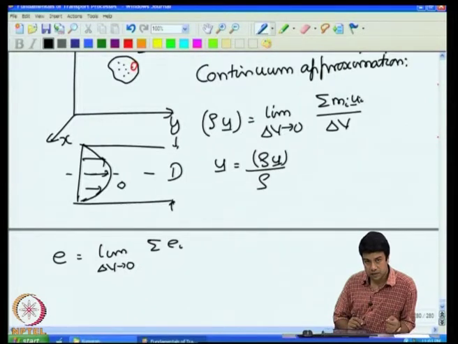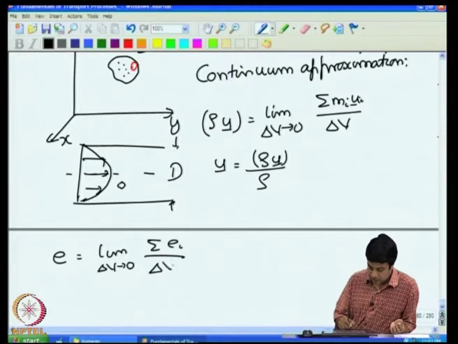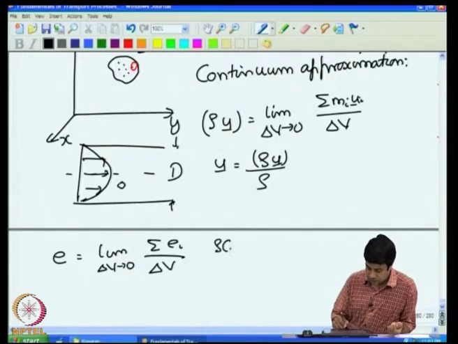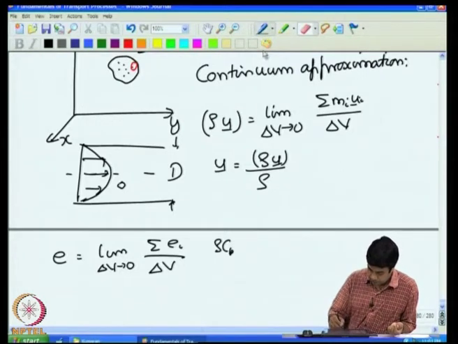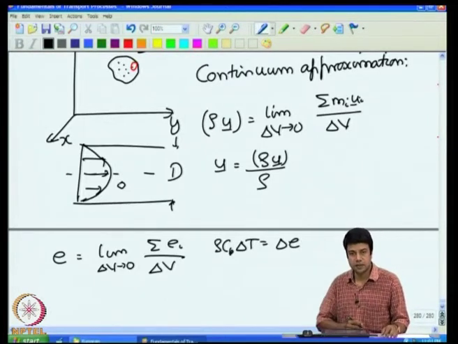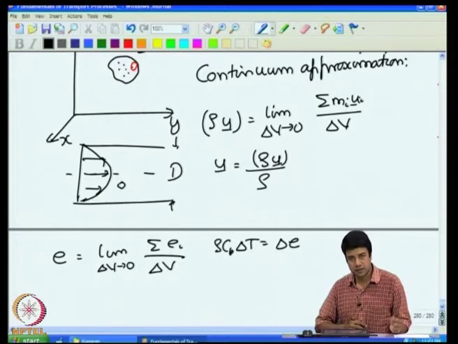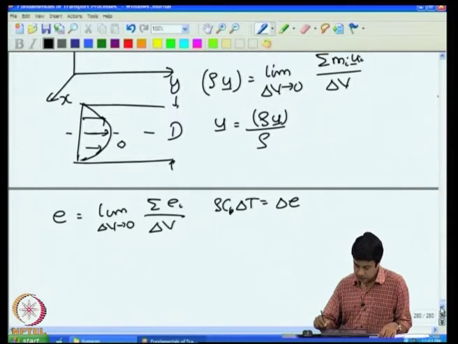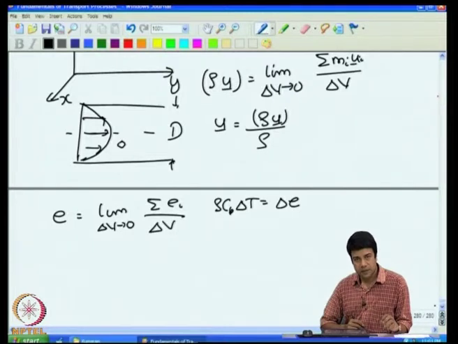This includes the internal as well as the kinetic energy, divided by delta V. The temperature field is determined from the internal energy by the consideration that rho Cp T is equal to delta E. Any change in energy is equal to the change in temperature times the specific heat at constant pressure or constant volume depending upon the system that you are considering. Good. So, once we define these fields, we can then define fluxes in terms of variations of these fields.